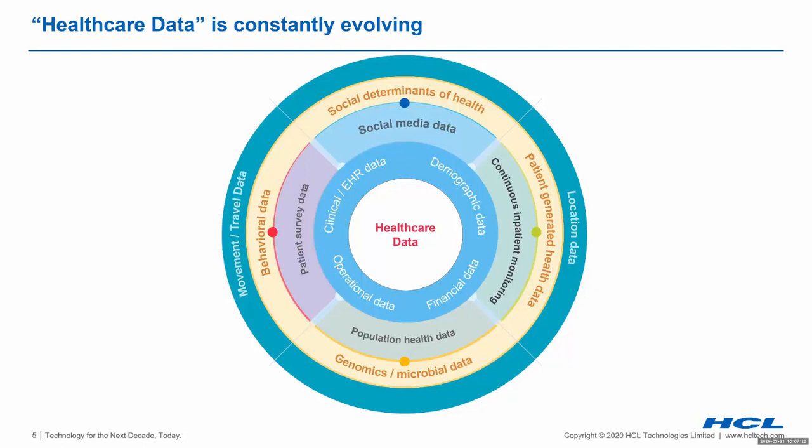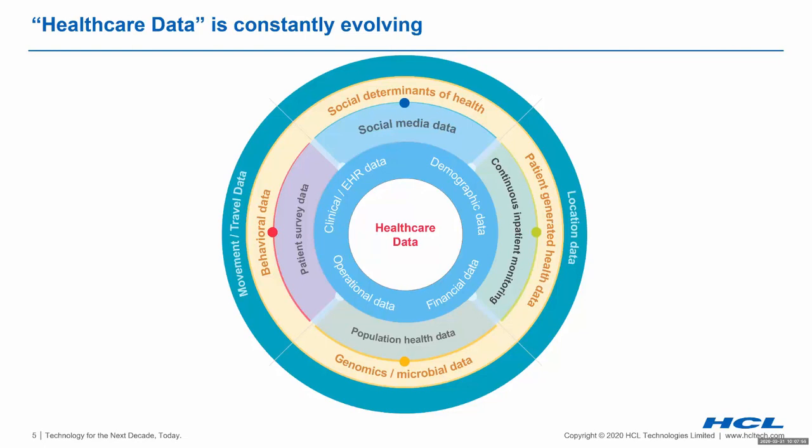But then we were all hit by multiple legislations, starting with the ARRA HITECH Act of 2009, and the various compliances that came with that, and the initial wave of the so-called digital technologies covering mobility, cloud, social media, etc. As a result, we started adding social media data from continuous inpatient monitoring, population level health data, as also the patient survey data in the early part of this decade to the definition of healthcare data.